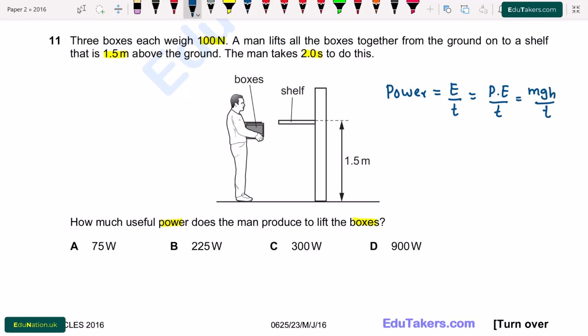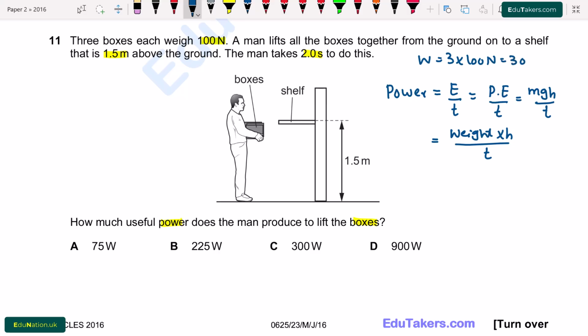So first of all, mg is the product of weight. So here it will be weight multiplied by height divided by time. This is equal to power. I find out the weight. Weight will be equal to, there are 3 blocks and all of the blocks have weight 100 Newton. So there will be 3 multiplied by 100 Newton.